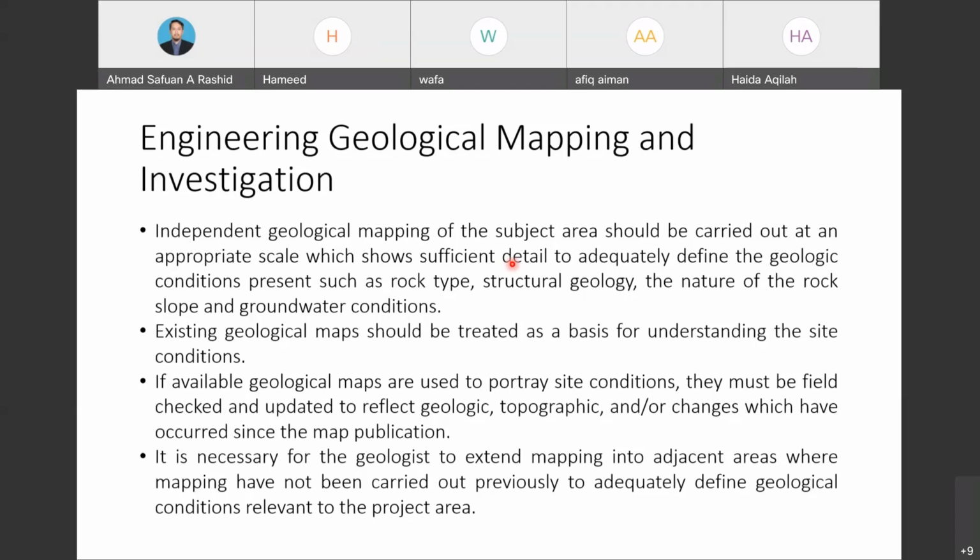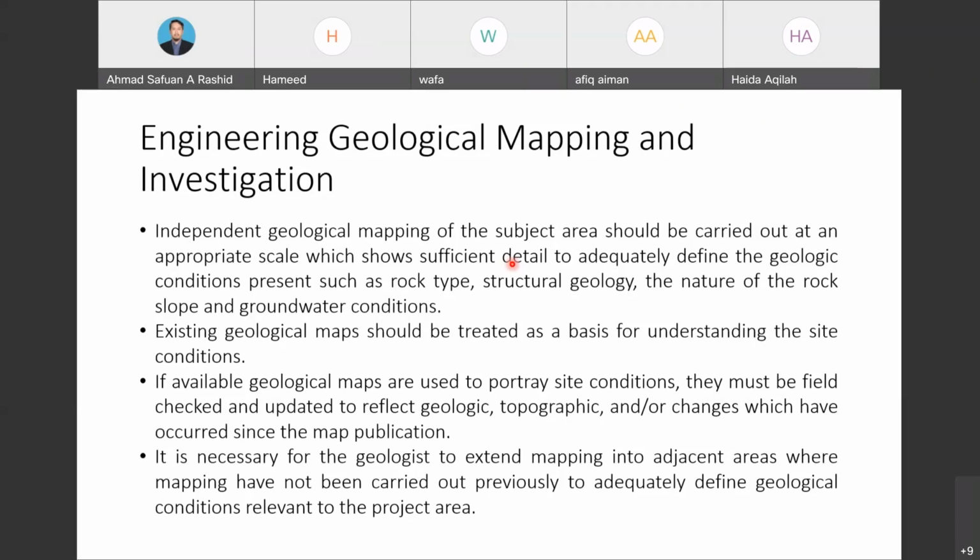Okay. The second one is the geological map. When we do a mapping, okay, on the rock surface, okay, which is on the dip direction, orientation, discontinuity. Okay, so we may use that. We may draw or we may determine all the important parameter on the rock surface.